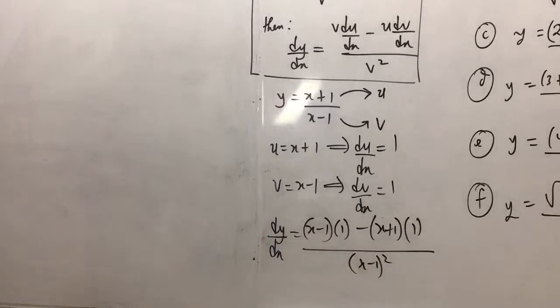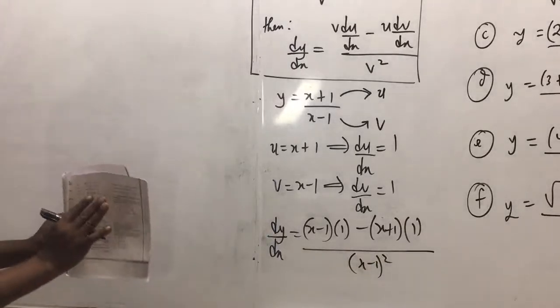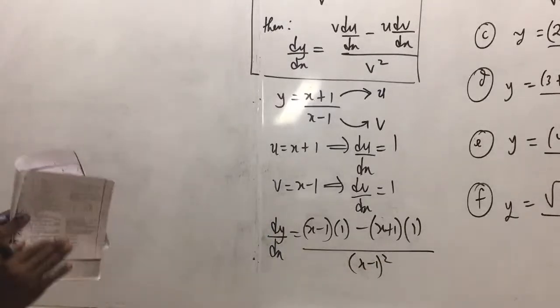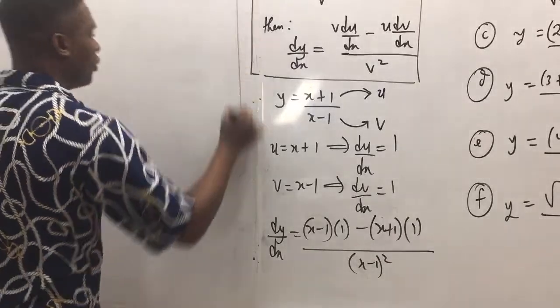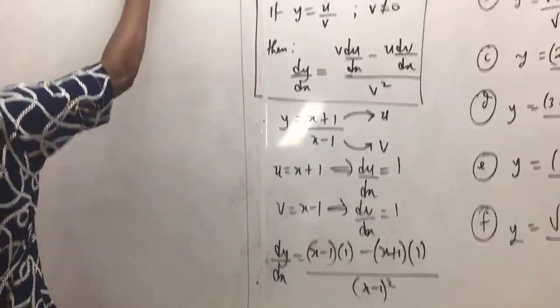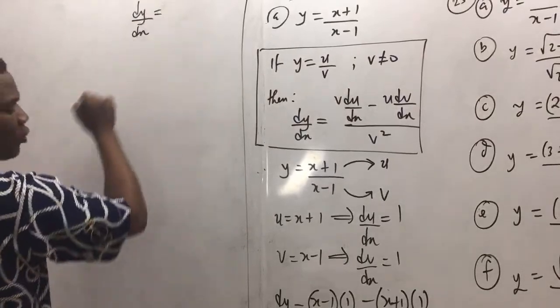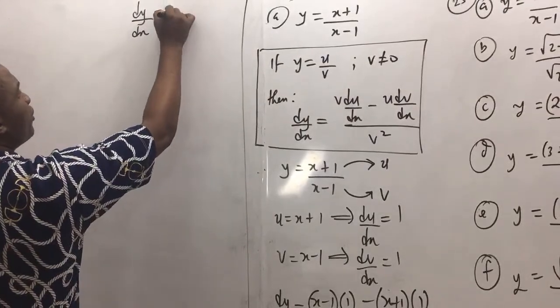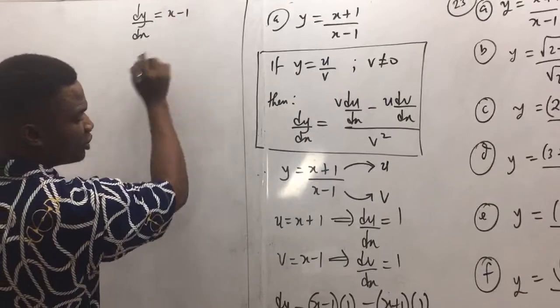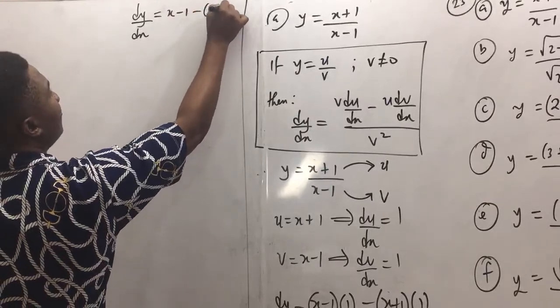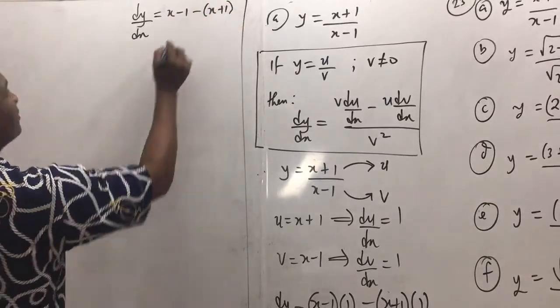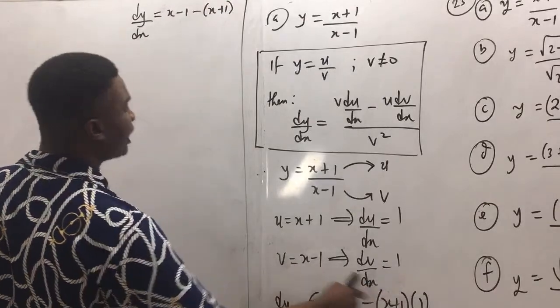Now, if I were the one solving that problem, I could leave my answer that way, but I would advise you simplify nevertheless. So simplifying your answer gives you dy/dx equals x minus 1 times 1 will give you x minus 1, minus x in bracket plus 1, because x plus 1 times 1 is x plus 1.